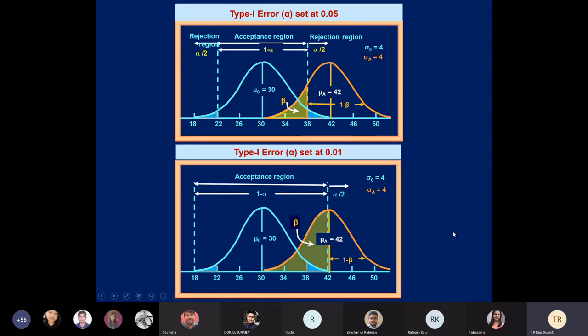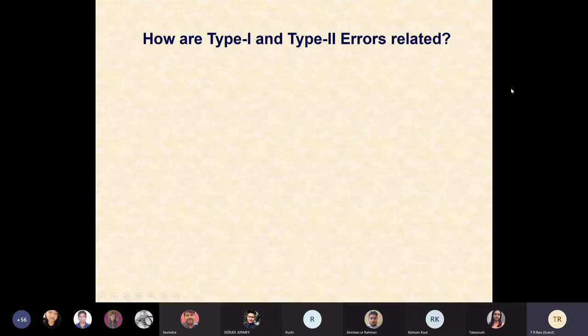This means the smaller the alpha error term you choose, the greater is your chance of committing a bigger amount of beta error. Okay, that's important.